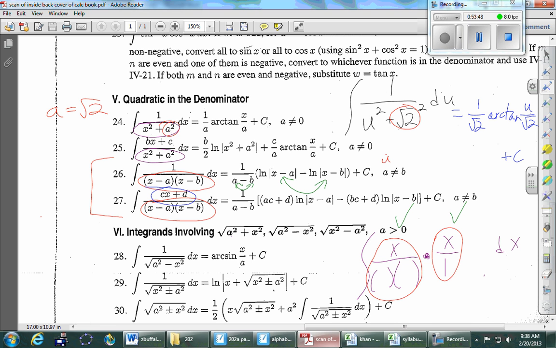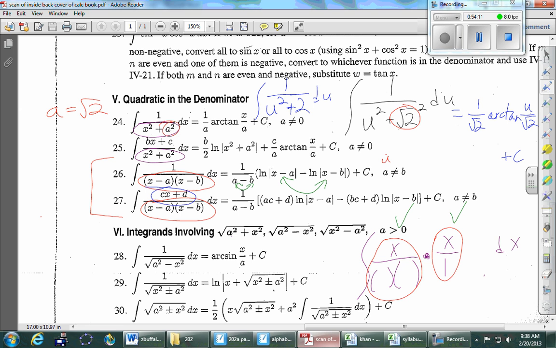And then finally go back to the x's. So yeah, the root 2 is a funny thing. So we had u squared plus 2 down here, right?